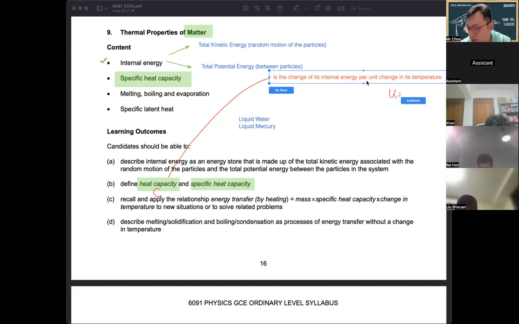The unit is the energy. Energy is joule. The amount of energy required to raise its temperature by 1 unit, and 1 unit of temperature is Kelvin. So the unit for heat capacity is joule per Kelvin. Is that clear?